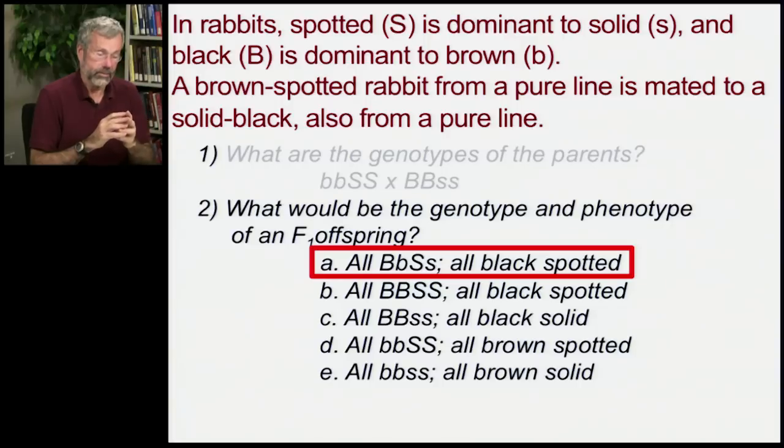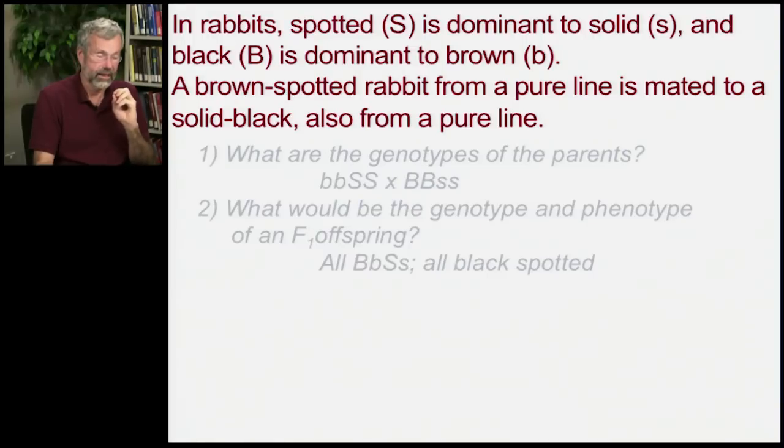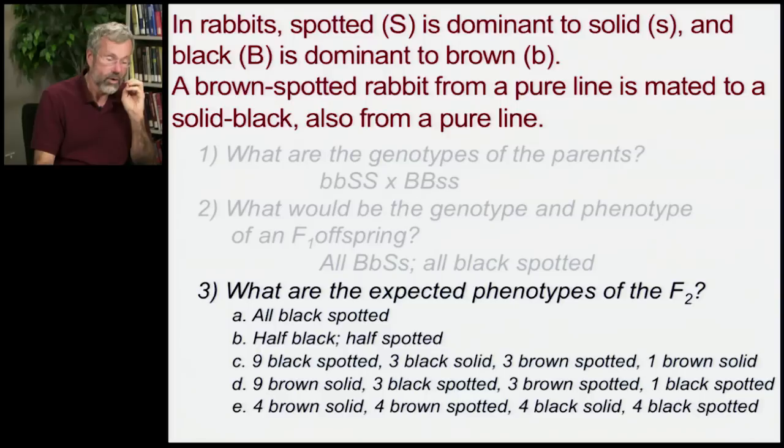All of them would now be heterozygote at both loci. They'd be double heterozygotes. So all the F1 offspring would be black and spotted. Now, what if we took 2 of these F1s that are double heterozygotes and we crossed them? What would be the expected phenotypes of the F2?